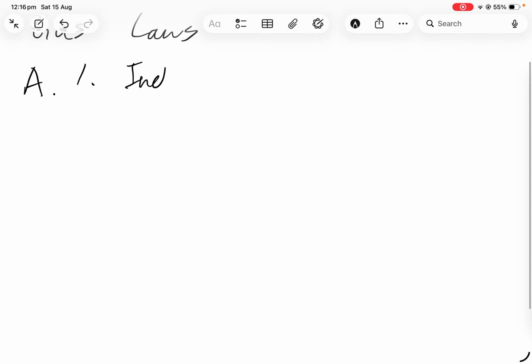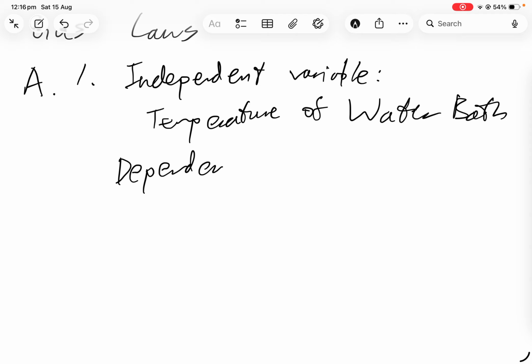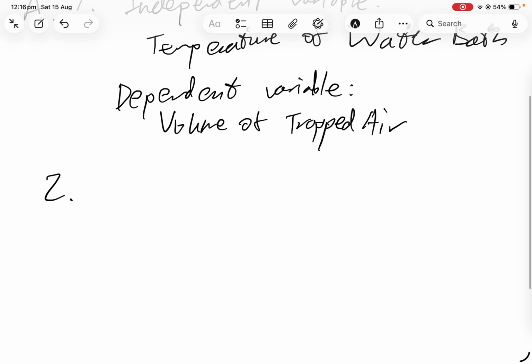So the independent variable is the temperature of the water bath, and the dependent variable is the volume of the trapped air.